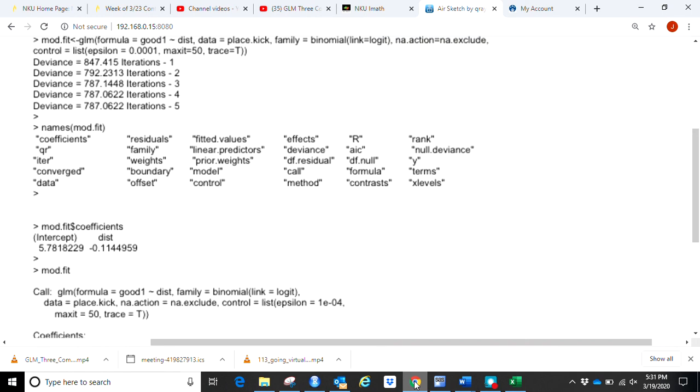So this intercept that it's calling it, this is my estimate of alpha. And then this thing that it's labeling as dist, notice it's negative, is my estimate of beta.